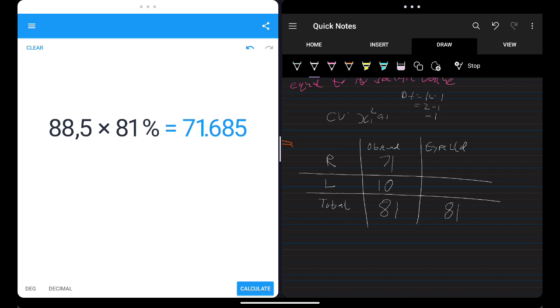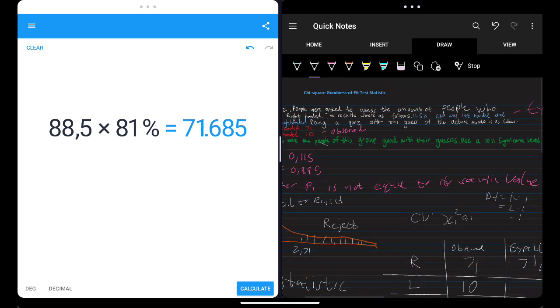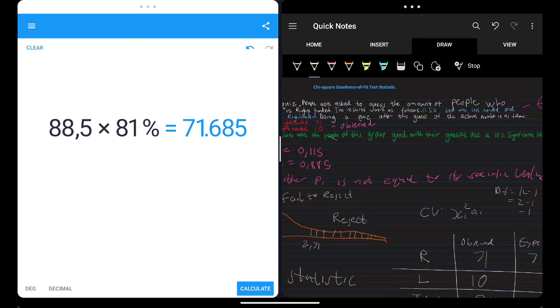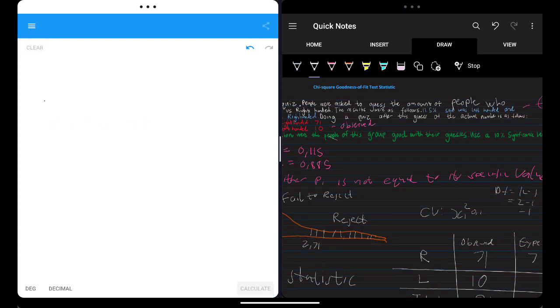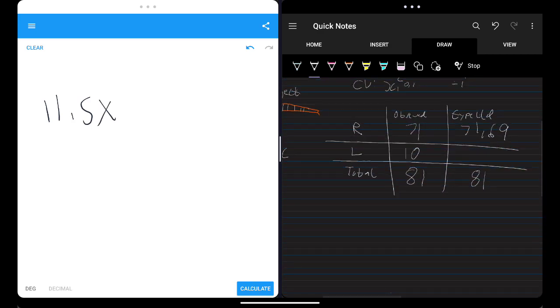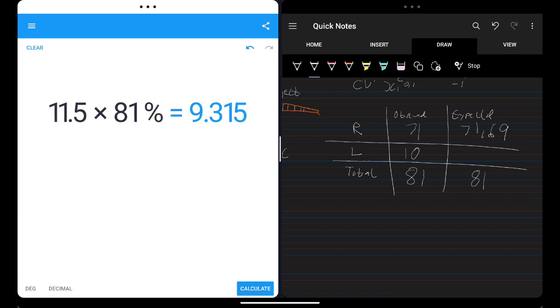So on the right here, 71.69. And then for the left, we said 11.5%. So 11.5% times the total number of people, which is 81, in the observed. Don't forget percent. That equals 9.32. And there we go.